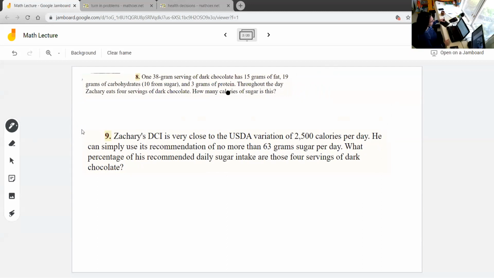Okay. So from here, we have 10 grams of sugar per serving.